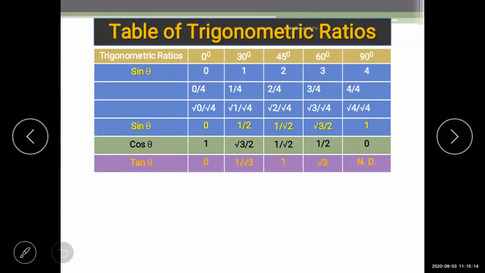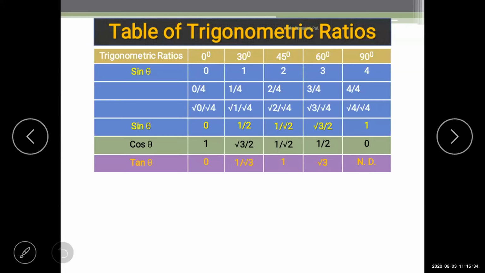Tan theta is equal to 0, 1 upon root 3, 1, root 3, and ND. ND means what? Not defined, because 1 upon 0 is not defined. Okay?